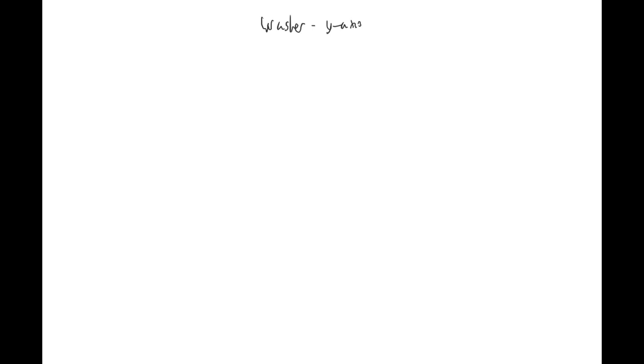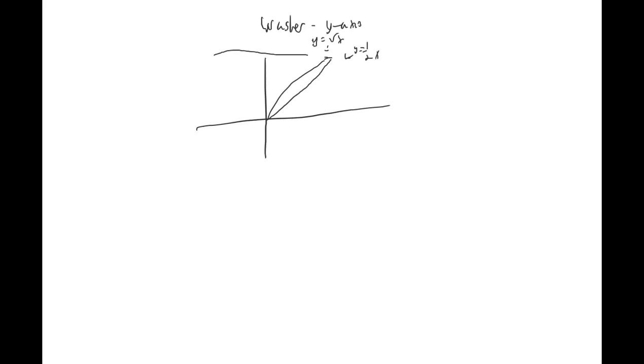Okay, so let's do the same region, but this time reflected about the y-axis. So again, this is the same thing, root x, 1/2 x. Do you all agree that if I just rotated everything, this thing would give me this shape right here?